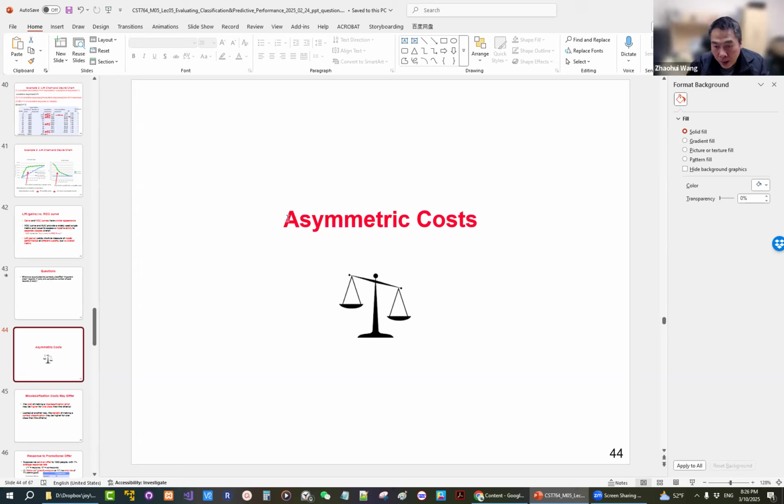We can further apply other strategies to improve the lift chart and decile chart. So this is the asymmetric cost.